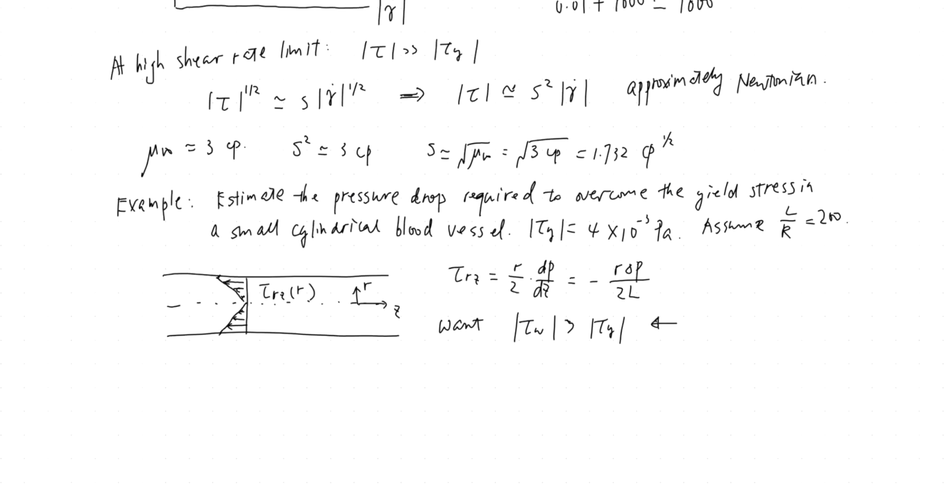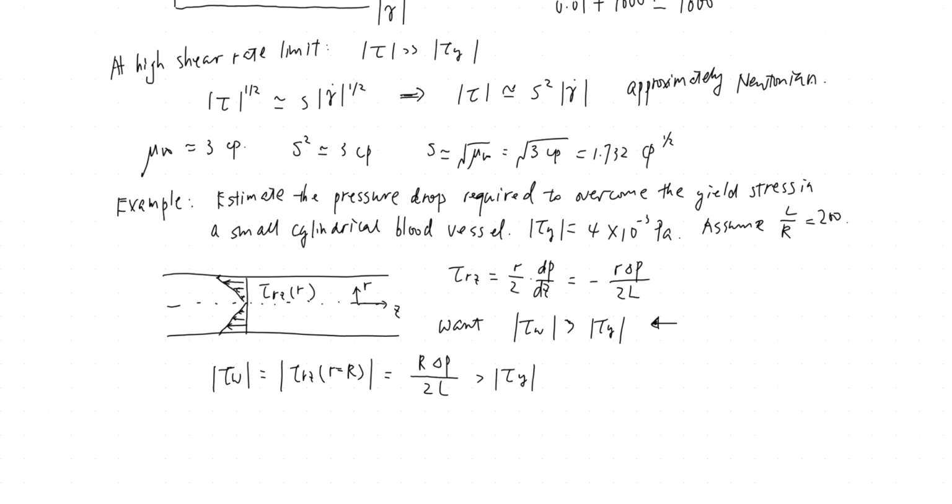Okay, so now what is tau W? Tau W is tau RZ evaluated at R equal to capital R, the wall shear stress. So it would be R delta P divided by 2L. And then we want this to be larger than tau 1.